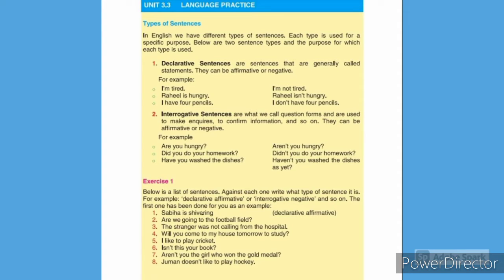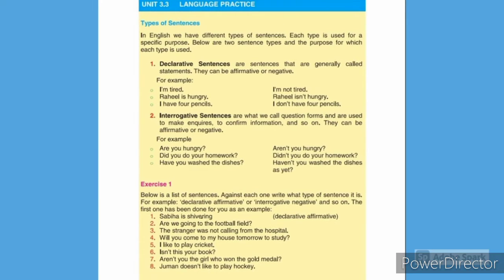It says, in English, we have different types of sentences. Each type is used for a specific purpose. Below are two sentence types, and the purpose for which each type is used. So two major types are given: declarative sentences and interrogative sentences.